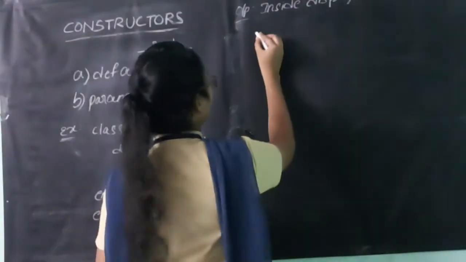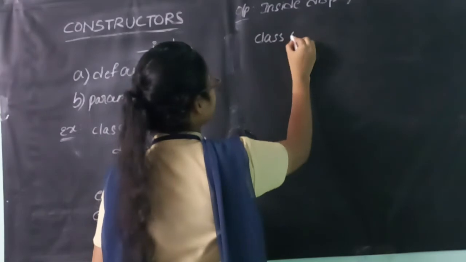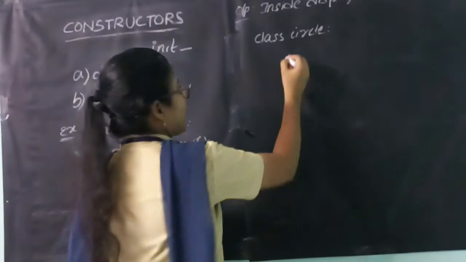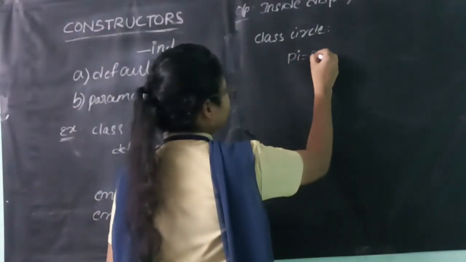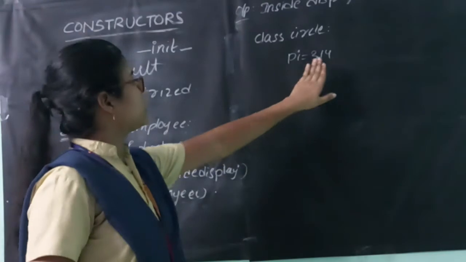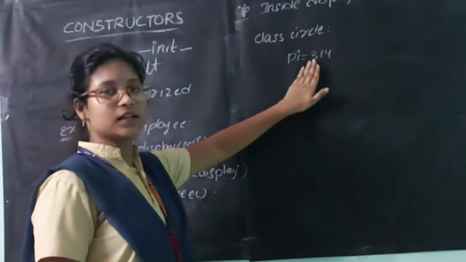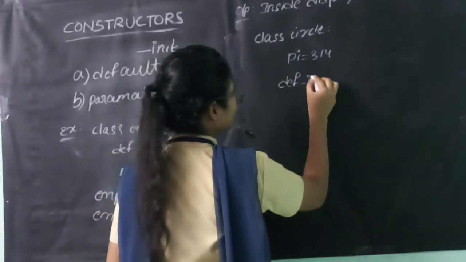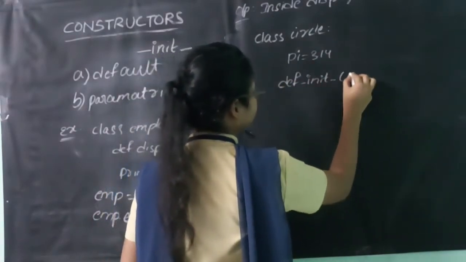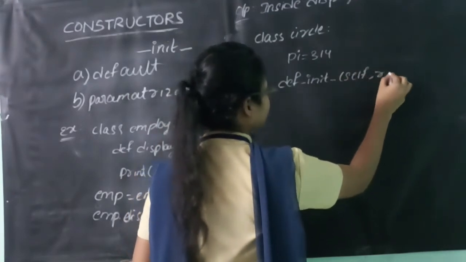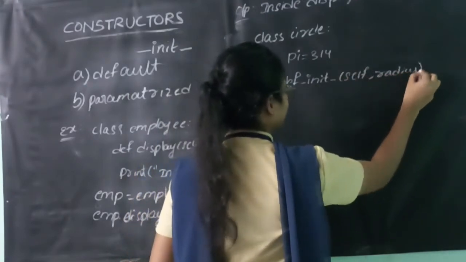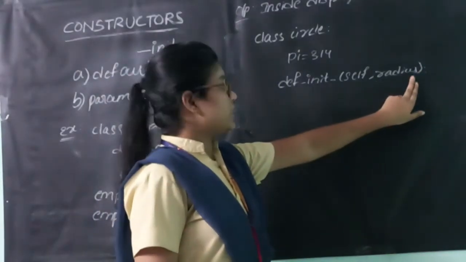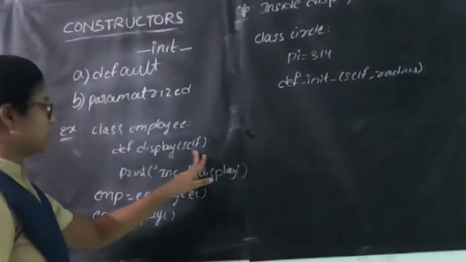and now I am going to give you the example for the parameterized constructor. Here I am taking class Circle, and I am going to give the pi value 3.14. See, I didn't assign this as a parameter. I directly give this pi value, and now I am going to define the radius. See, here I write radius as a parameter.